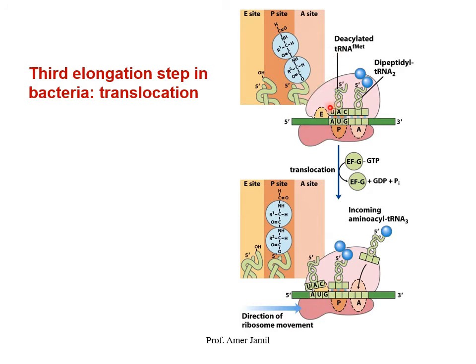So then translocation takes place. Another molecule of GTP along with this factor, which is EFG factor, elongation factor. And translocation means direction of ribosome movement. So there is a movement of the ribosome that takes place. So this is the direction of the ribosome movement. When it moves one step towards this side, this will come at this place and this will come at this place.